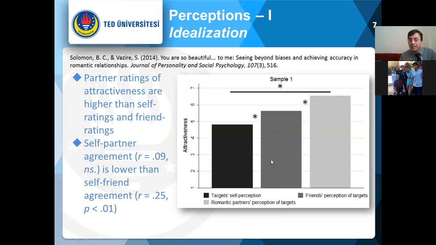So they do not idealize, but romantic partners do. And we observe here that self and partner agreement is lower than self-friend agreement. So that's why we know that friends are more realistic than partners. Partners are not realistic. They are idealizing their relationship companions.